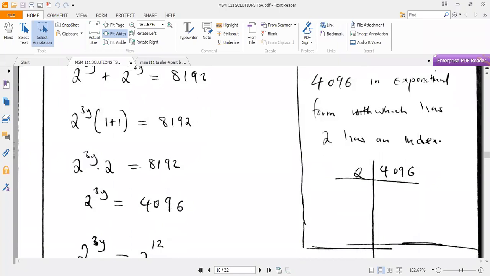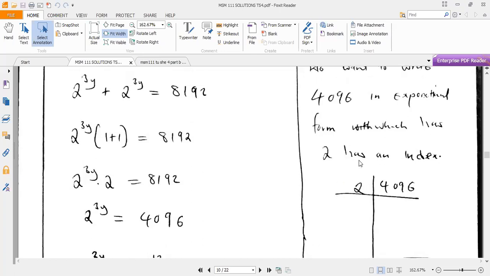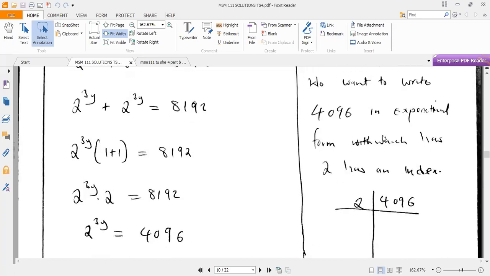So when you have this here, imagine we were to put a 2 here, what exponent should we raise the 2 to so that we get 4096? If you use this division, it will be easy for you, since we don't use a calculator.